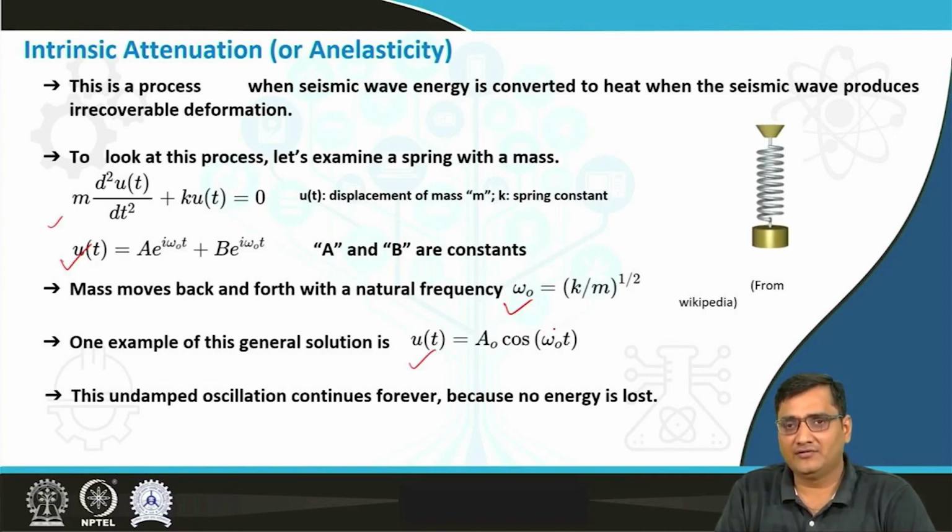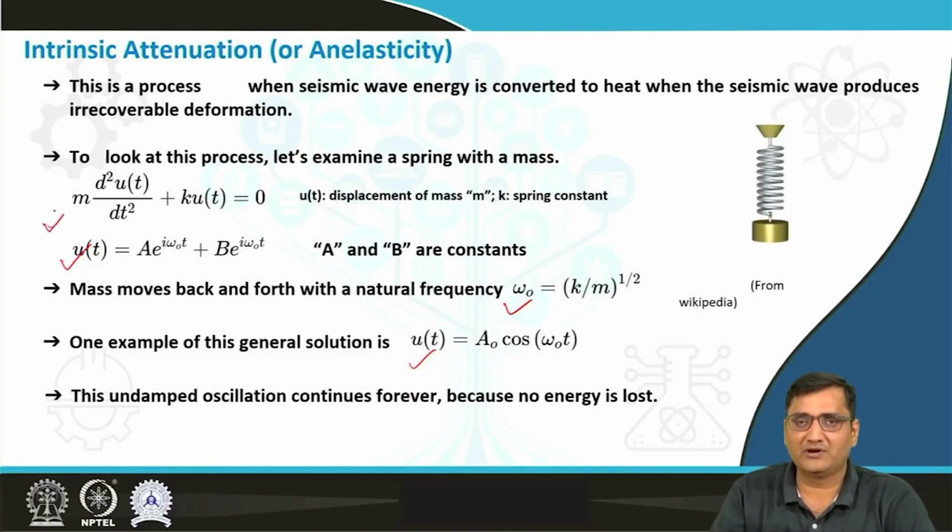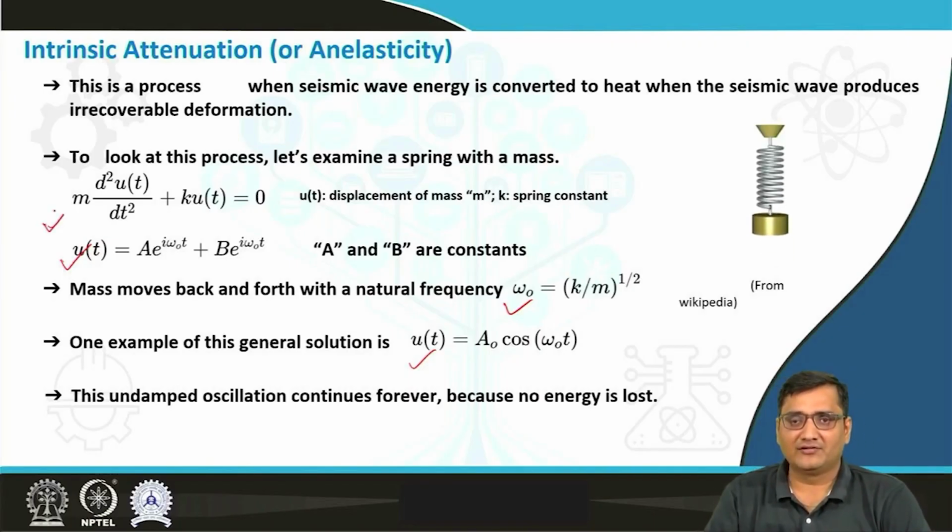If you look at this particular expression of SHM, or the simple harmonic motion, this oscillation will continue to happen forever. But in real life, the oscillations are damped and the energy will be lost in the form of heat.